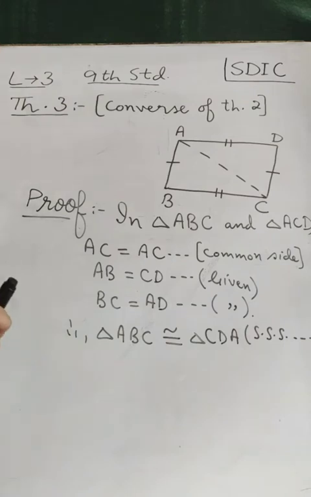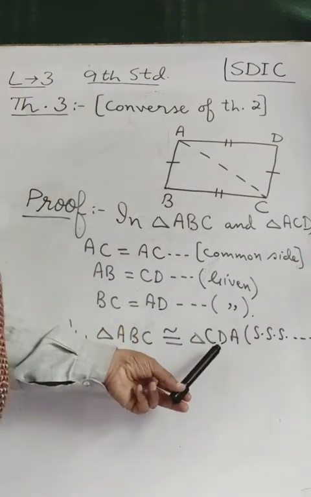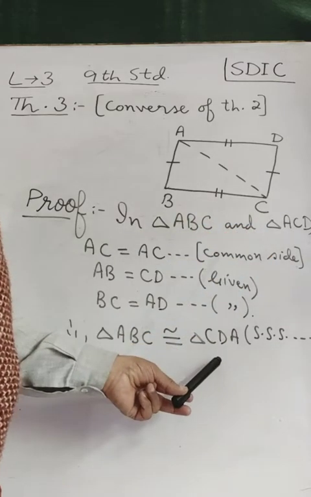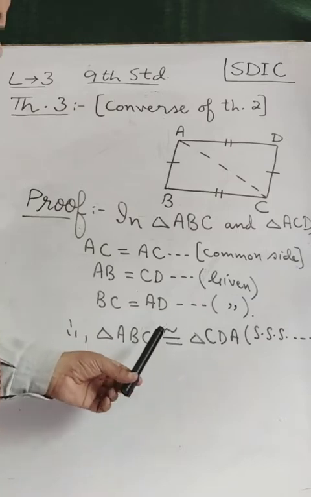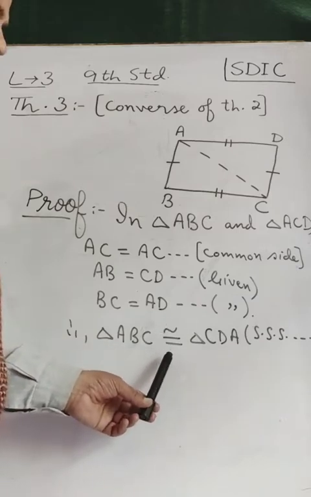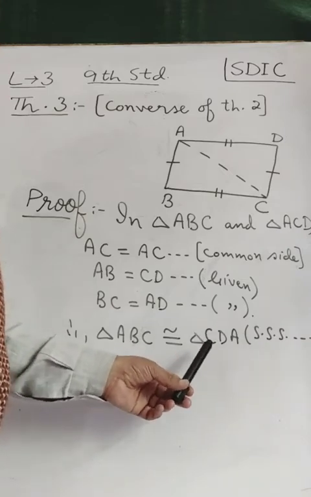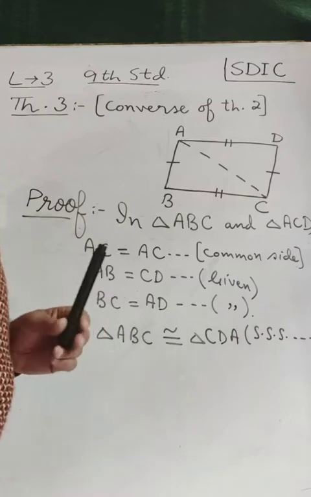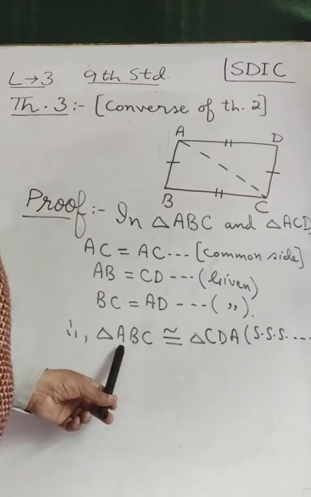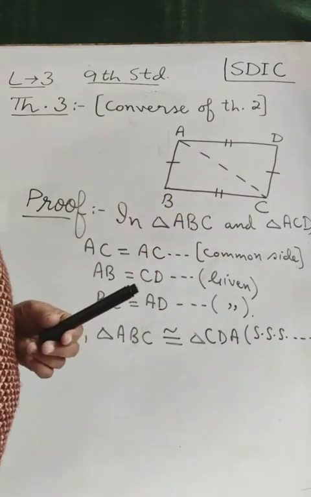Well, yesterday also I said I did not write ACD here, in alphabetical order, as I wrote earlier. I did not write ACD here because when you write the symbolic representation of 'is congruent to', in the case of the second triangle you have to write the corresponding vertex in the corresponding place. The corresponding vertex of A in this triangle is C in the second triangle.